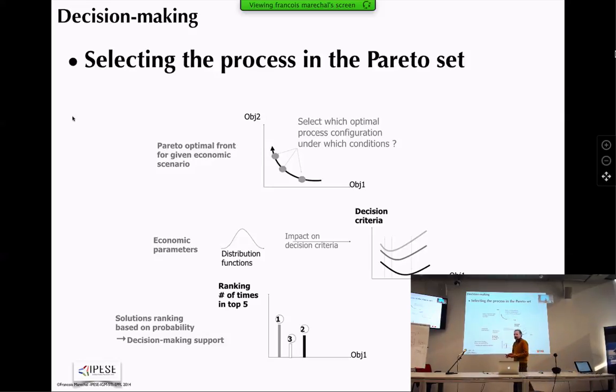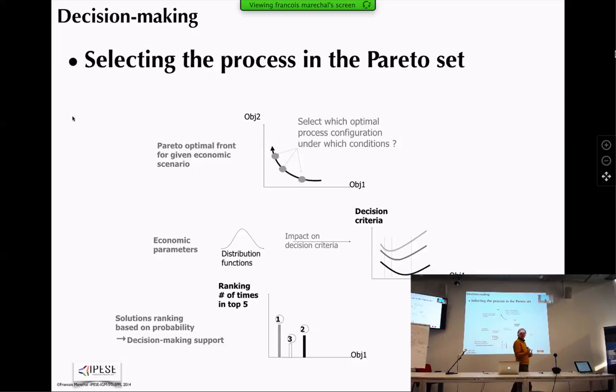For each of these conditions, we calculate the values of all the elements of the Pareto. For each set, now I'm going to look at the solutions, and I'm going to look at who is in the top 10. So I'm taking all my designs, and for one randomly selected condition, I'm going to look at who is the best, and I'm taking who is in the top 10.